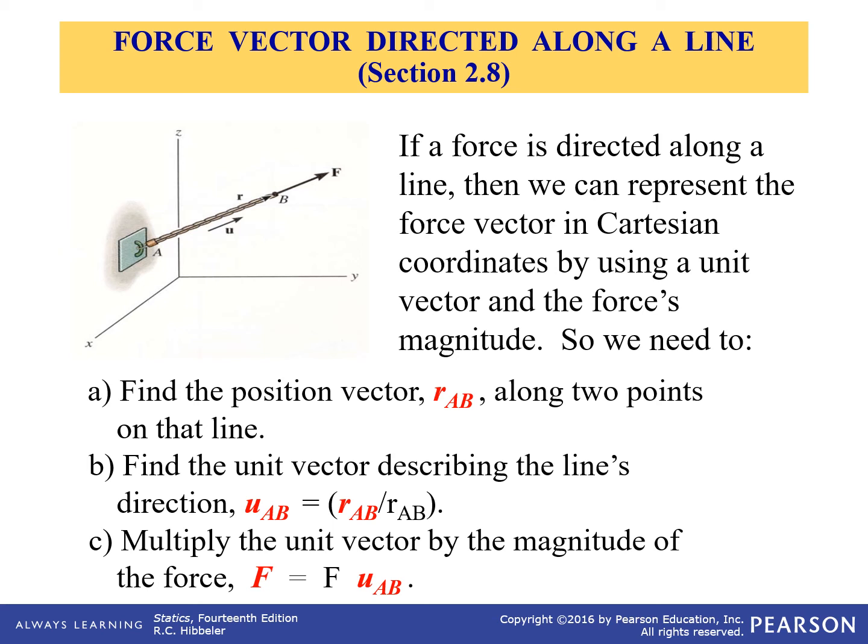Then we take the magnitude of that position vector and divide the X, Y, and Z values by that magnitude, and we'd have a unit vector. Then we take the magnitude of the force that's acting along that line, multiply it by the unit vector, and voila, we now have a force acting along a line.